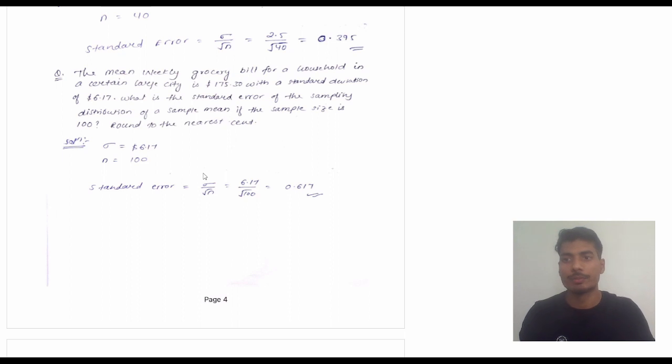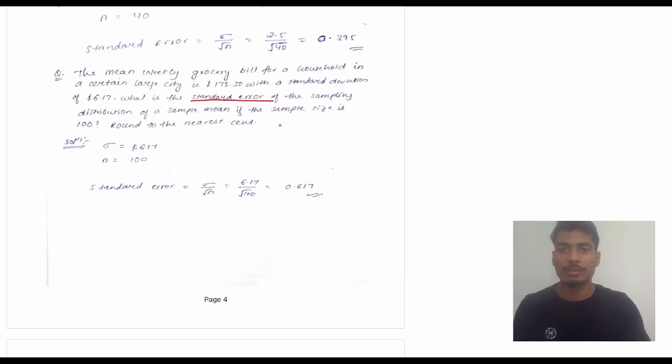Now see the second question. The mean weekly grocery bill for a household in a certain large city is $175.3 with a standard deviation of $6.17. What is the standard error of the sampling distribution of the sample mean if the sample size is 100?